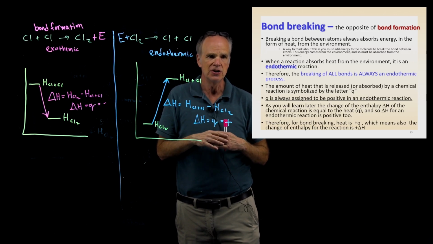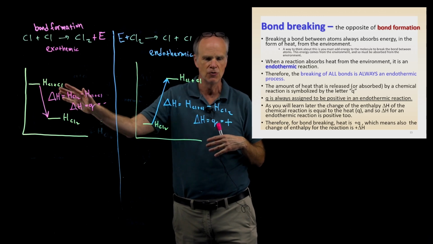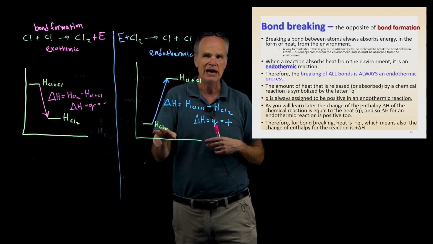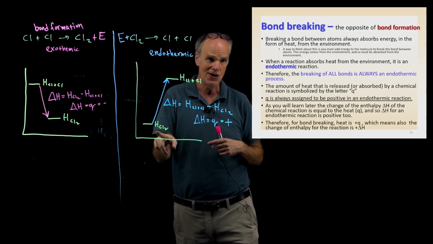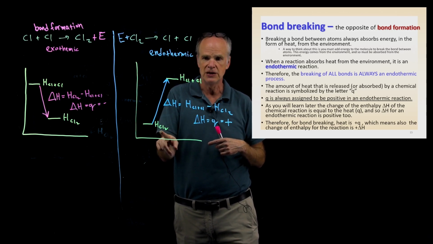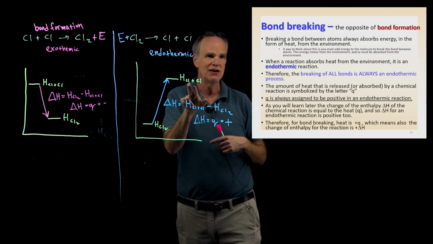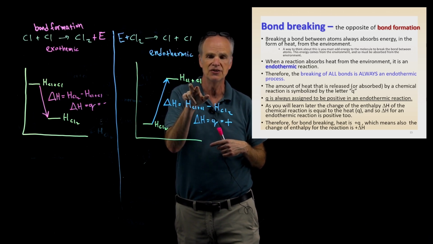So in terms of the enthalpies of the atoms and the molecule, that hasn't changed from where we were before. But now here we're starting with the molecule, which has low potential energy and low enthalpy, and we now have to go to products, which are the free atoms, which have high potential energy and high enthalpy.